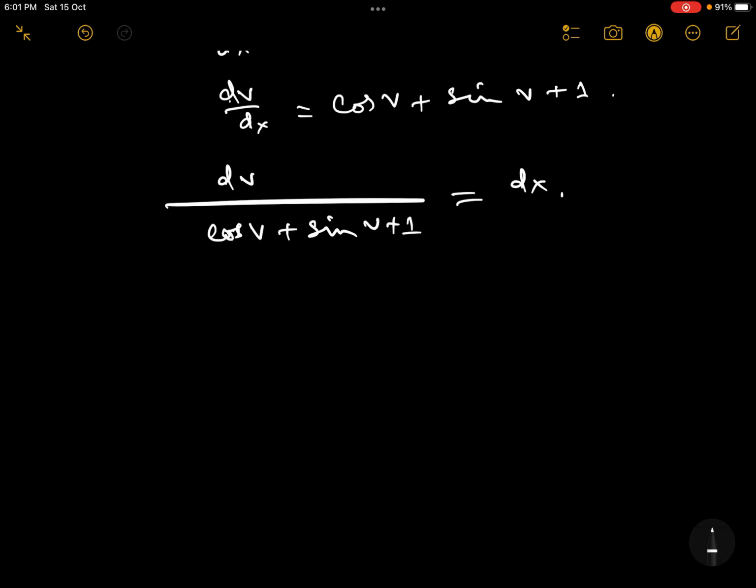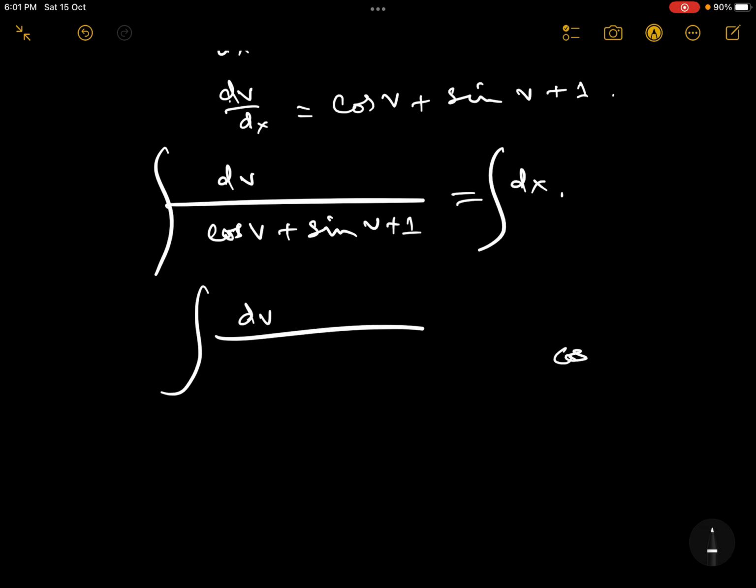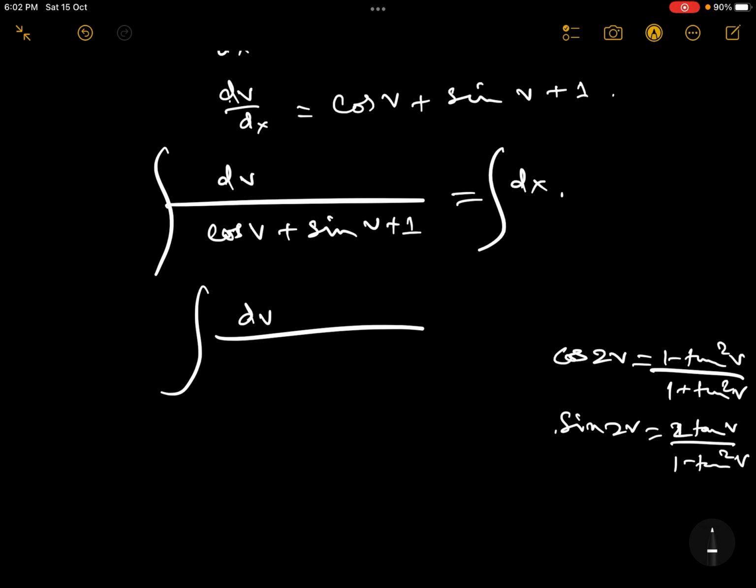In this kind of problem, if we integrate, we use the trigonometrical identities. cos of 2v is 1 minus tan square v divided by 1 plus tan square v. And sine of twice v is twice tan of v divided by 1 plus tan square v.